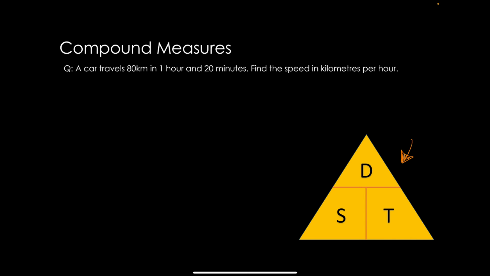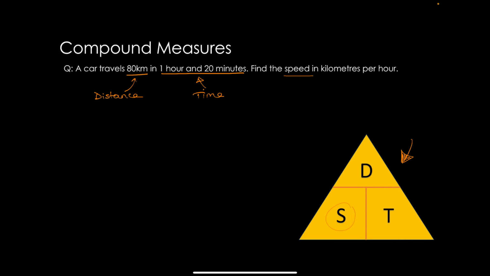So, the first thing you've got to remember is here it's telling you 80 kilometres. That's the distance. Here it's telling you 1 hour 20 minutes, that's the time. We need to be very careful with time. We can't just put 1 hour 20 or 1.2. We've got to work out the speed.